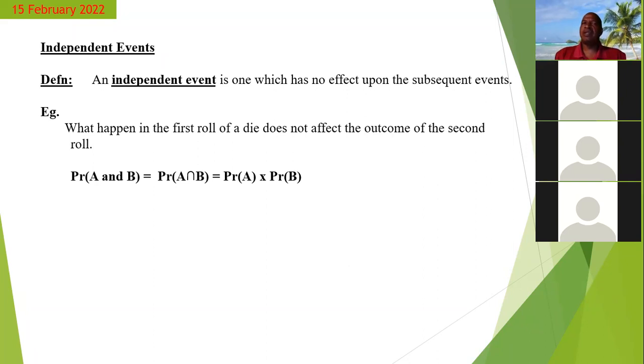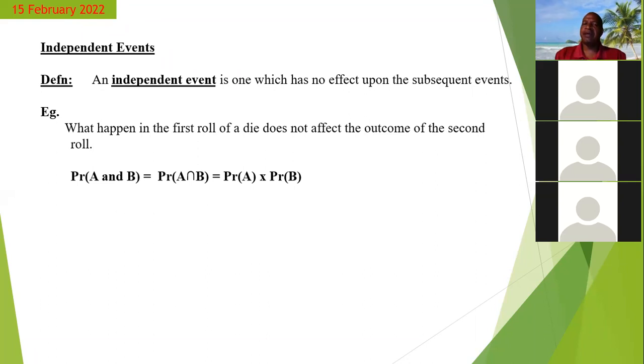But if we do a draw and we don't replace, that means the next probability will depend on the first probability, and so it becomes a dependent event. So that's the difference between an independent event and a dependent event.